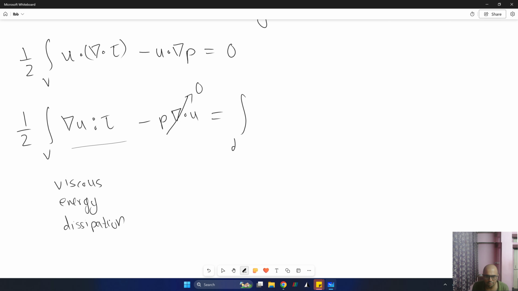And then you would of course have your boundary term, which would be just u dotted with tau, which is a tensor, dotted with the unit normal in the outward direction, minus u dotted with the pressure term, dotted with again the unit normal.